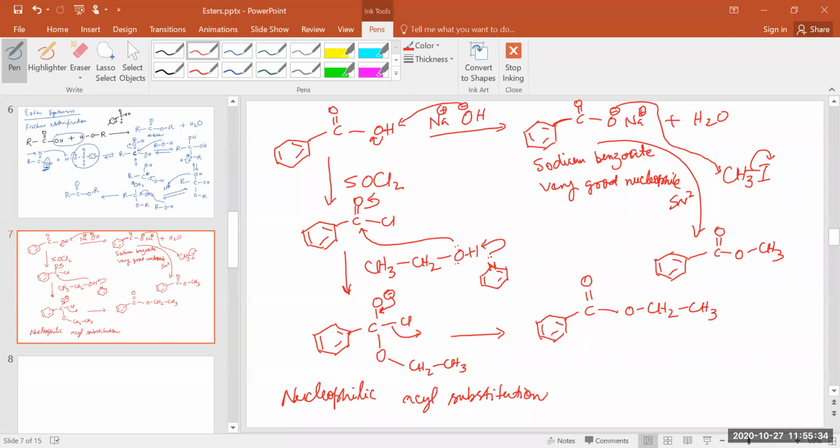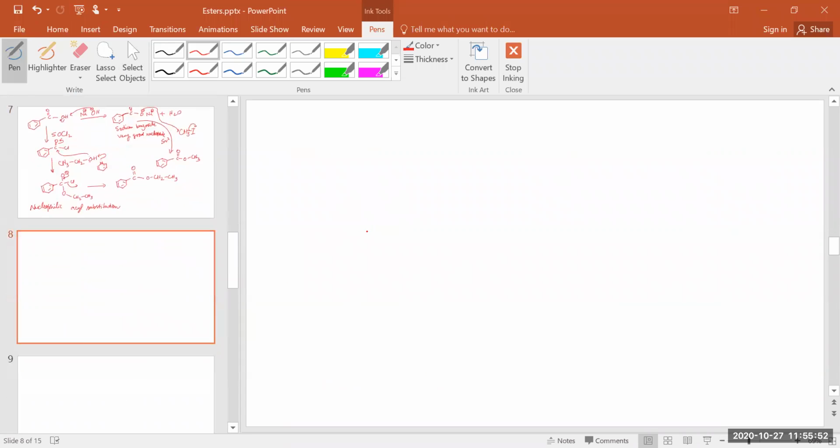The second one, via an SN2 reaction. And the third one by using a nucleophilic acyl substitution. Now these are the reactions of esters. What are the reactions of esters we have discussed?